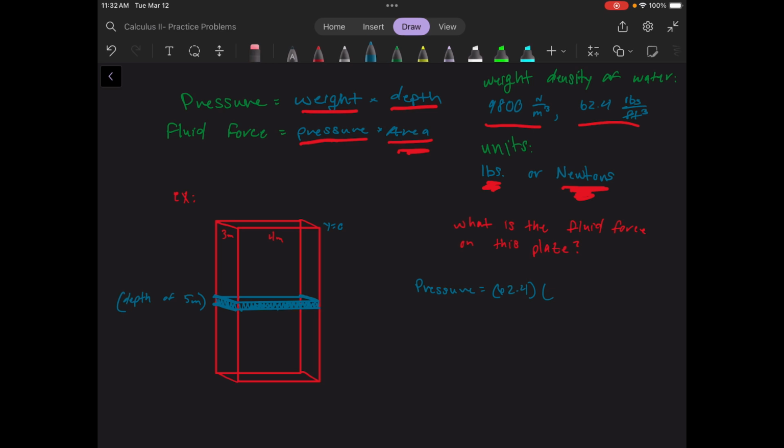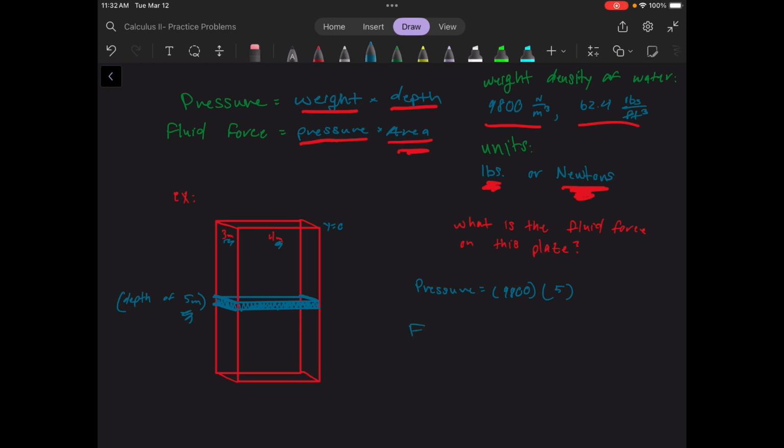And it says that it is at a depth of 5, right? Actually, we are in the metric system because of these units right here, 4 meters and 3 meters. So we use a weight of 9,800 instead of 62.4.